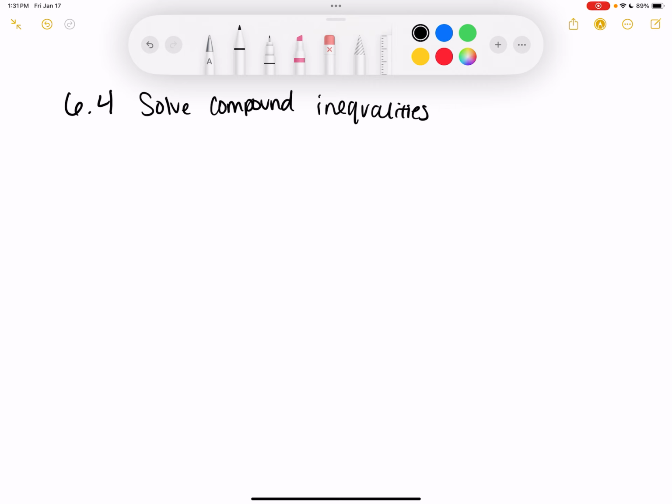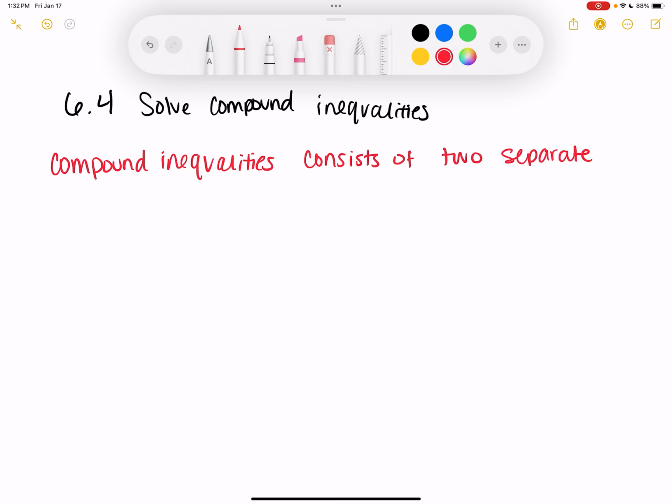Okay, so compound inequalities. They're really not harder. It's just a little different. They consist of two separate inequalities joined by and or or.